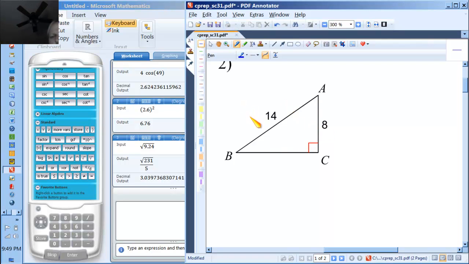So in this case, I know that C is 14, B is 8, and then my question is, what is the side that is of length A? So I'm going to say, A squared plus B squared is C squared.